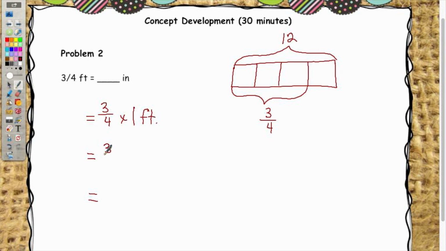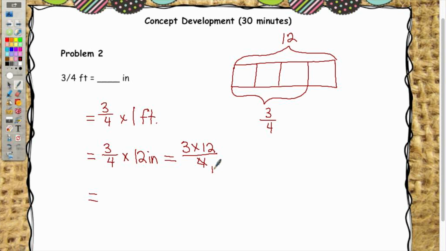Then I convert feet to inches. So 1 foot equals 12 inches. Now we just solve the problem. I know you're tempted, instead of writing 3 times 12, to write 36. But don't do it, because remember, our goal is to keep the numbers as small as possible. So does 4 divide evenly into 12?